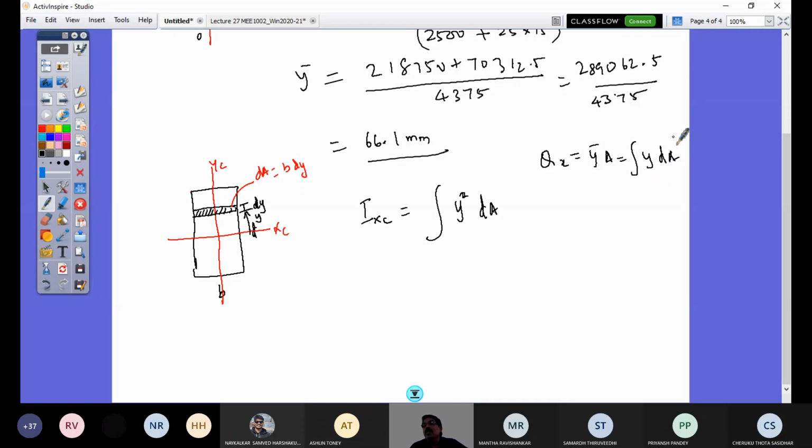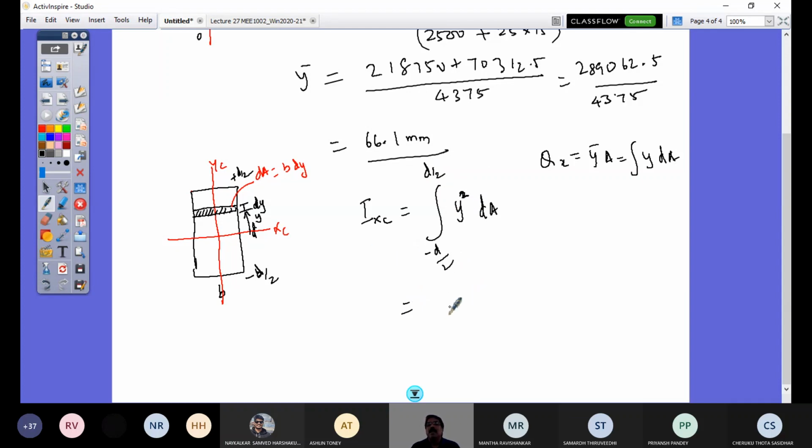So integral y dA is the first moment of area. Integral y squared dA is the second moment of area. And this integration goes as y varies from this point to that, so here it is minus d by 2 to plus d by 2. So this is the definition of second moment of area.